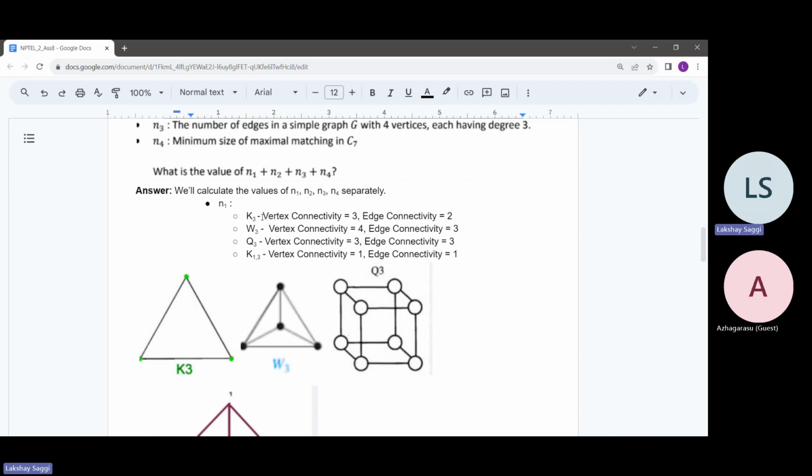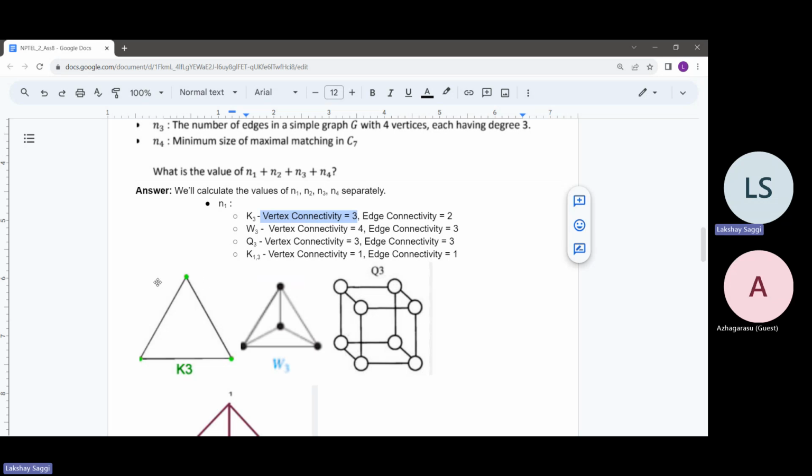Following that definition, in K3 I had defined vertex connectivity as 3. But since K3 has 3 vertices and vertex connectivity cannot be greater than n minus 1, it should have a maximum value of 2.